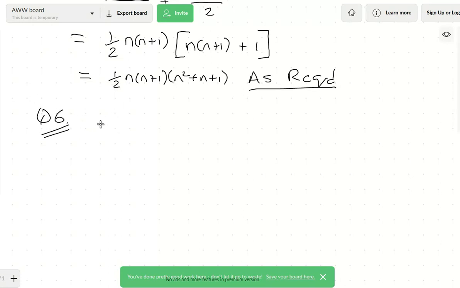Question 6 says, show that, the sum from 1 to n squared, we're going up to n squared this time, of r, minus the sum from 1 to n of r equals a half n cubed minus 1.